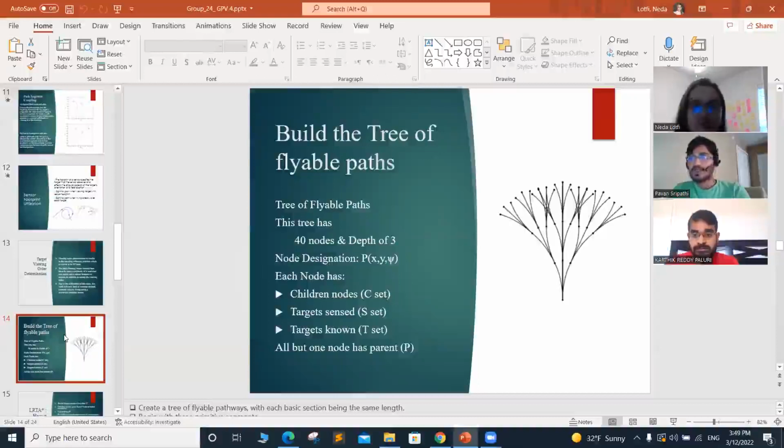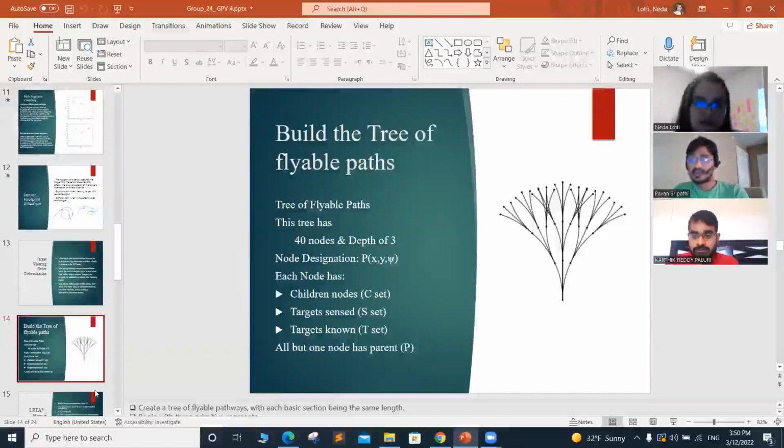If you look at this diagram of the tree of flyable paths, the flow will be: it travels in a straight segment, it turns right at the smallest vehicle turning radius, and one that turns left at the smallest vehicle turning radius.